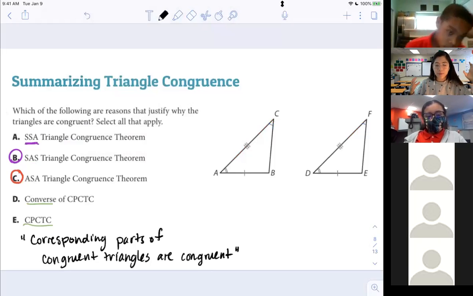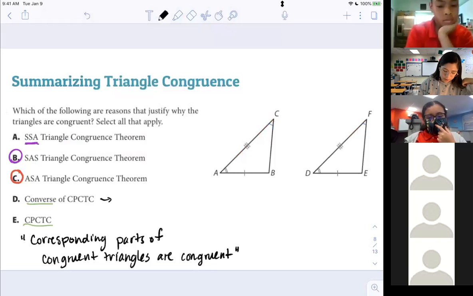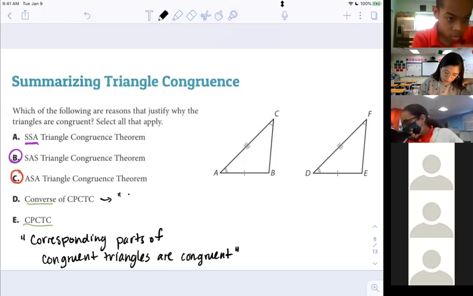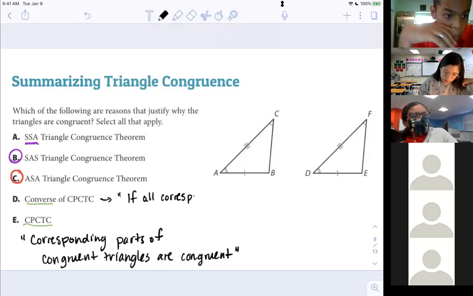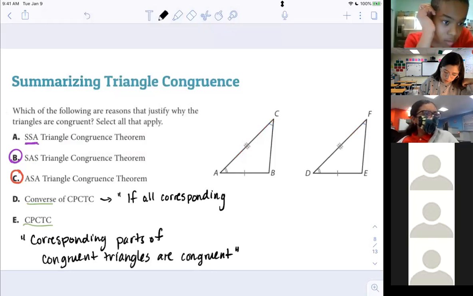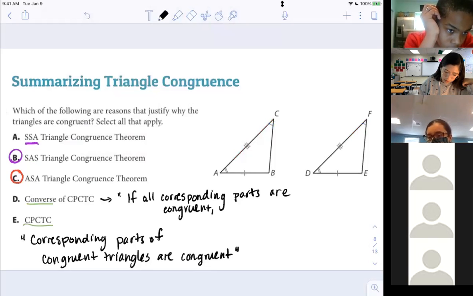This is saying if two triangles are congruent, all of their corresponding parts are congruent. The converse of that is saying it backwards. So the converse would say, if all corresponding parts are congruent, the triangles are congruent.